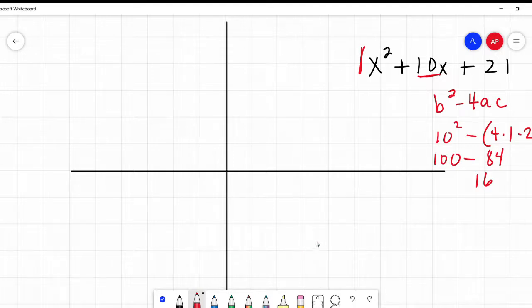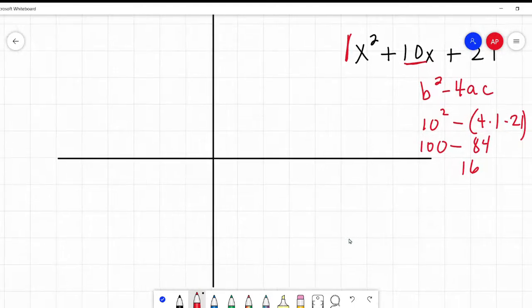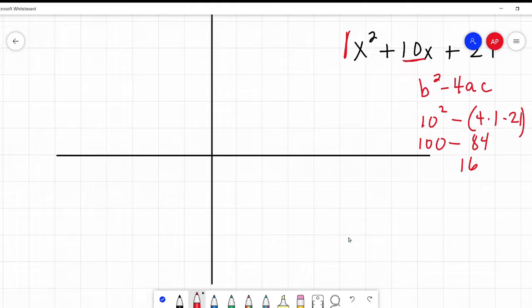If you put this into a graphing calculator, you are going to get a parabola that has, if I'm not mistaken, a vertex at -5, -4.